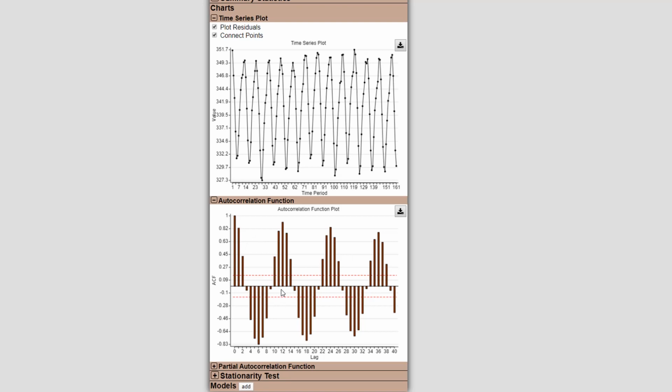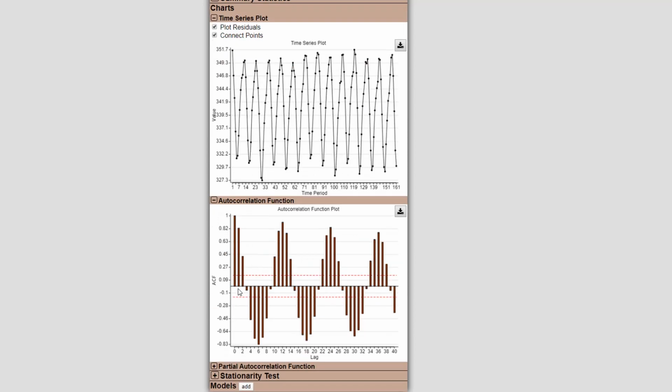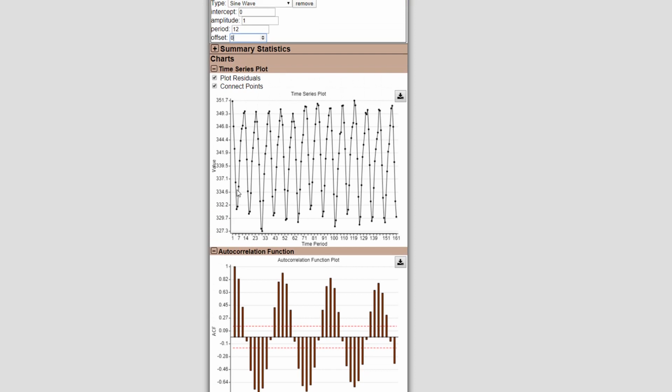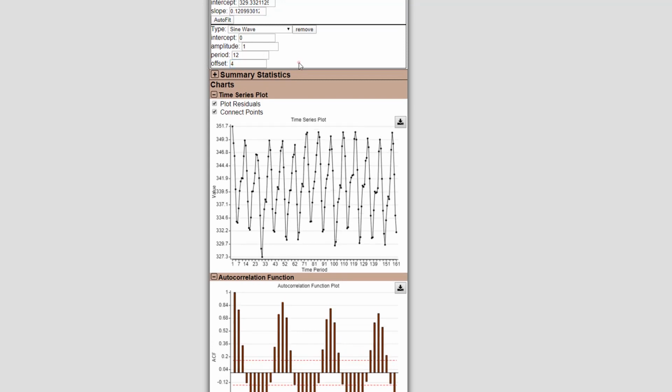Now I also want to set the offset to be 4, because if you look down at the autocorrelation, every four time steps the correlation is 0 again. That's where the sine wave would be 0. So I'm going to set this at 4, and modify my amplitude now.